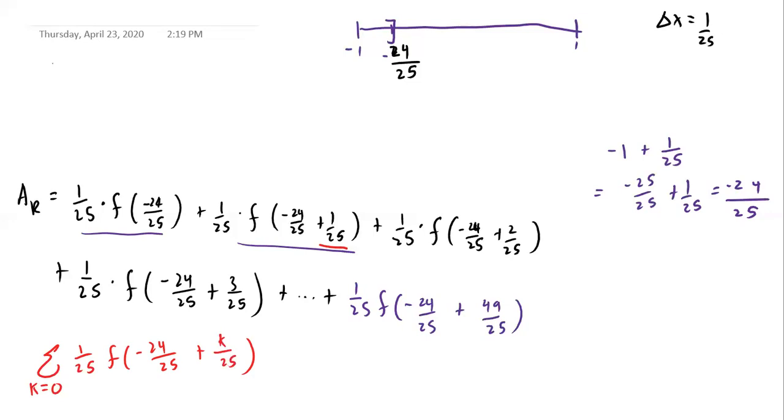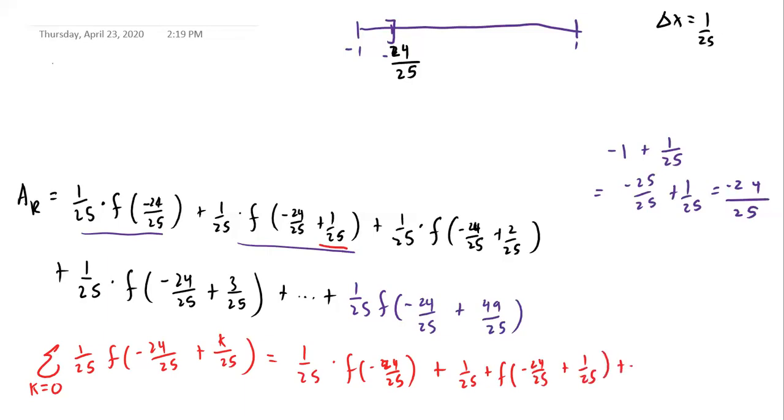And you can see that this matches, right? Because if we calculate a few terms, what happens when k equals 0? We get 1 over 25 times f of negative 24 over 25 plus 0 divided by 25, that's 0. For the next term, we do k equals 1. So we get 1 over 25 times f of negative 24 over 25 plus k equals 1 divided by 25. And that matches the second term.